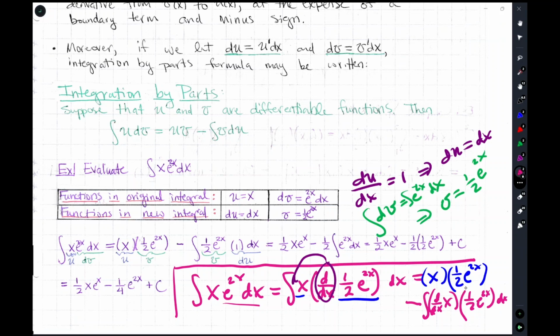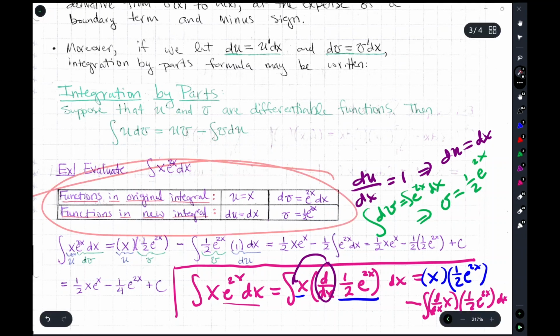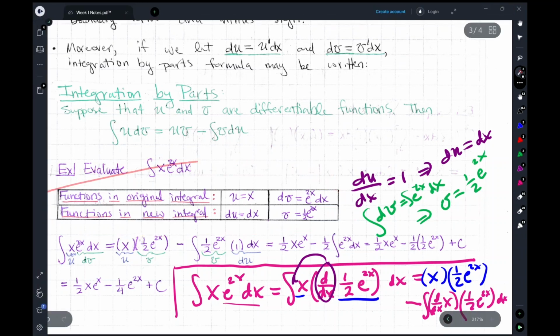You'll end up, if you simplify, with this expression right here, and we're at the same place. I just wanted to show you an alternative way of thinking about it, the sort of idea of factoring out a derivative. On the other hand, this tends to be easier and more formulaic when you first learn about integration by parts.